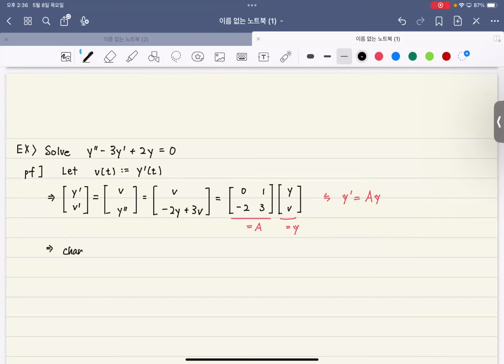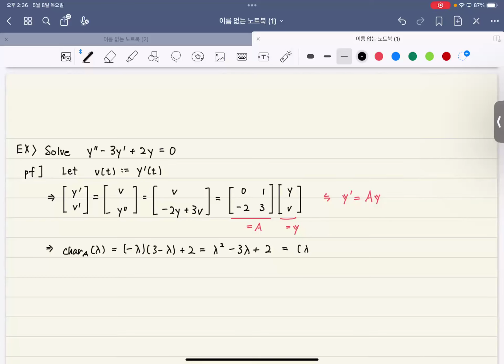The characteristic polynomial of A is minus lambda times 3 minus lambda plus 2, so lambda squared minus 3 lambda plus 2.